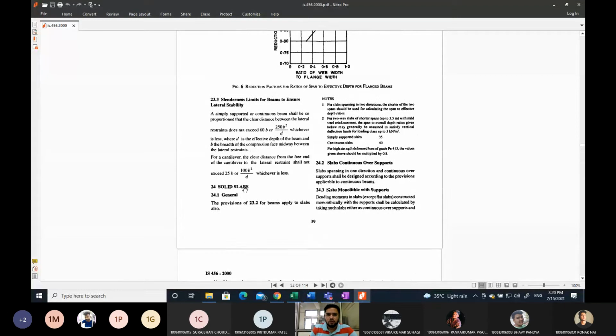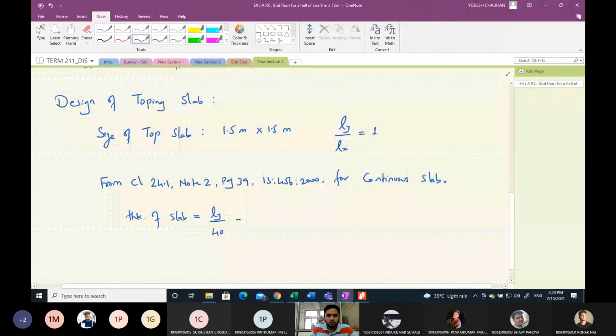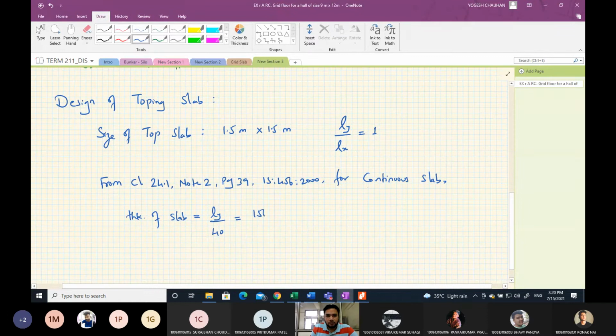This is for solid slab; for continuous slab, the L by D ratio is 40. So here Ly is 1500, that is 1.5 into 10 to the power 3 divided by 40.